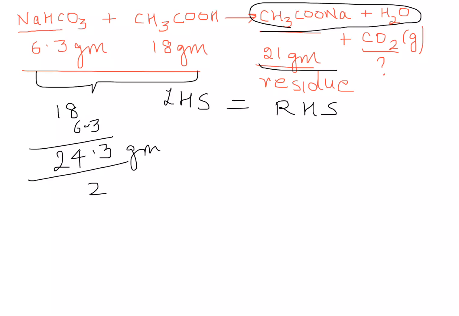So, 24.3 should be equal to 21 plus X, where X is the mass of carbon dioxide. So, what will be your answer? And please don't forget the units, right?